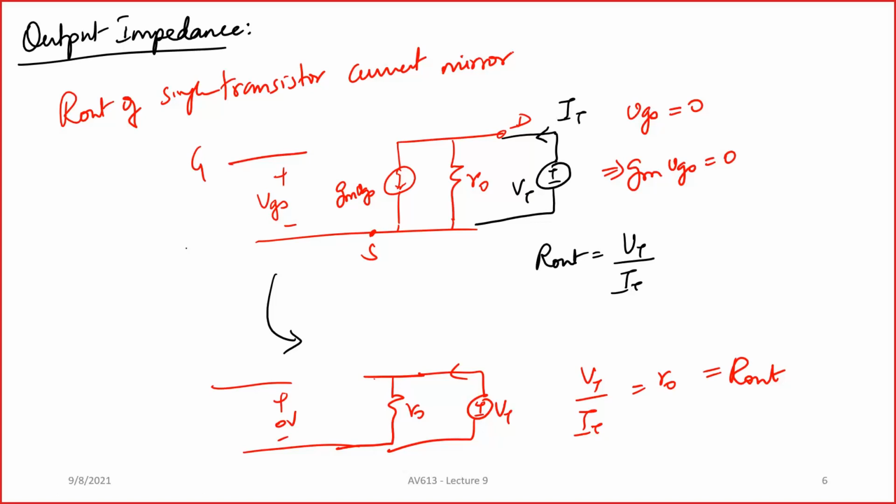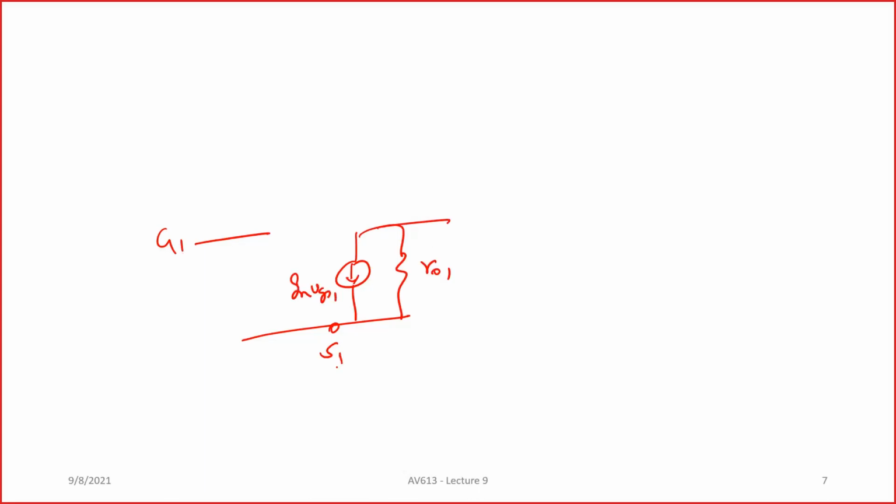Now how do we do it for a cascode current mirror? We will do it in the next class, but I would like you to just attempt it. So draw the small signal equivalent circuit. You have your gate, you have your source, you have GM VGS and R naught. Let's call it R naught 1, GM VGS 1. This is gate 1, drain 1, and then you draw the next one here. So this becomes the source of the next transistor.